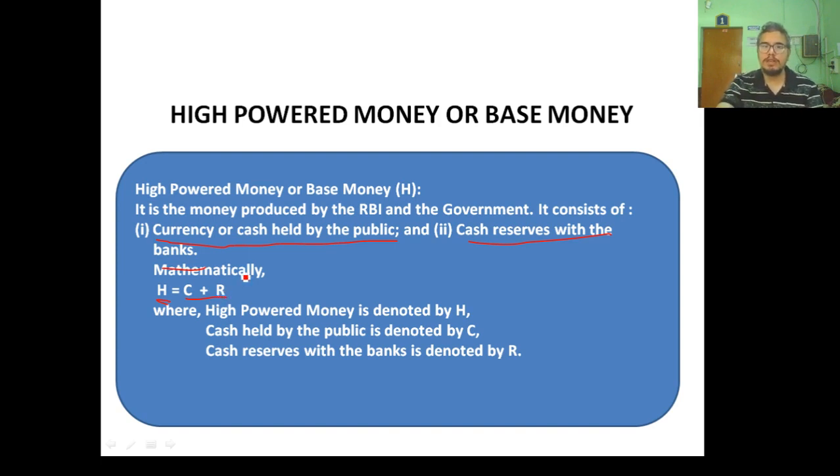It is directly related. Though it is not in our syllabus, it is for your knowledge that the higher the value of high powered money, the more will be the money supply in the economy.